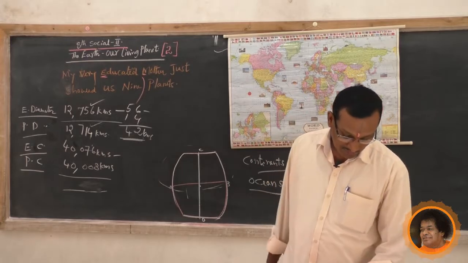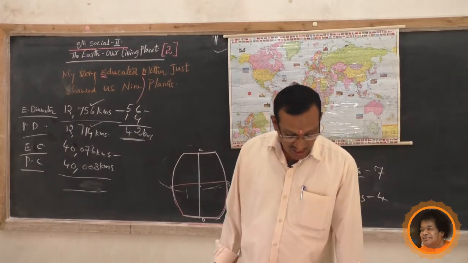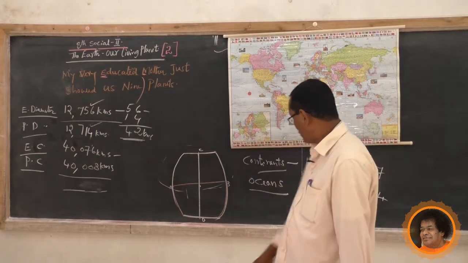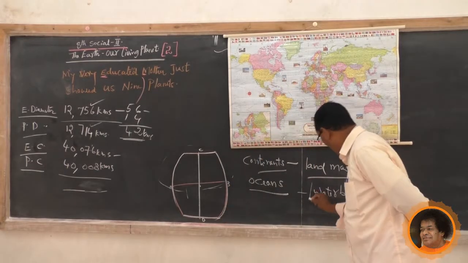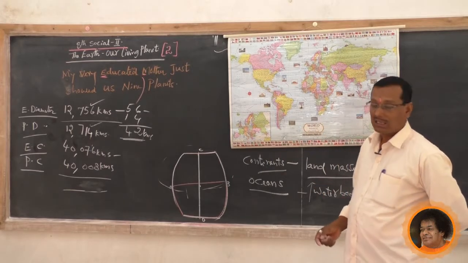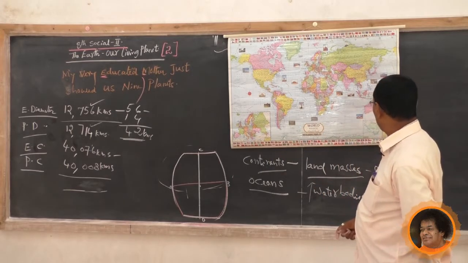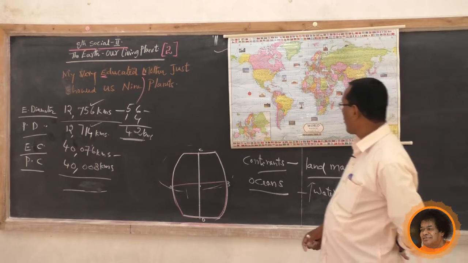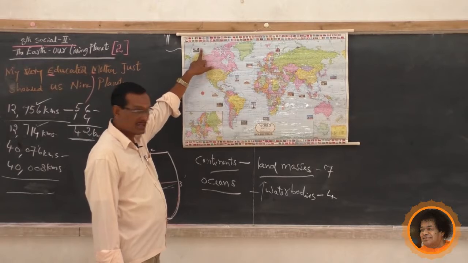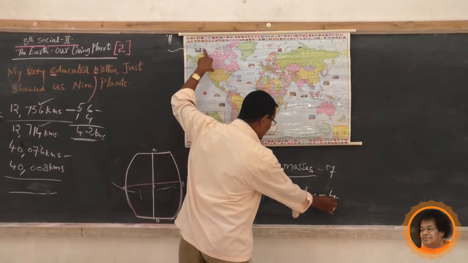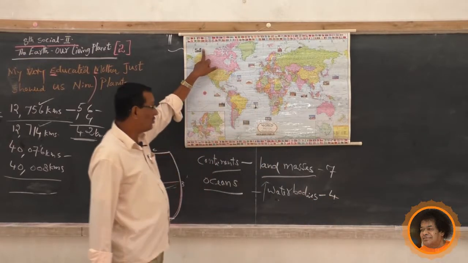Next, oceans. The large water bodies of the earth are called oceans. There are 4 major oceans. Which are they? Ocean means large water bodies. There are 4 major oceans in the world.